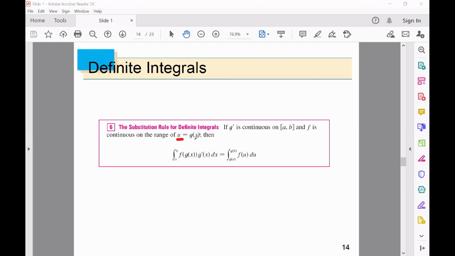When we choose u equals g of x, this integral from a to b of f of g of x times g prime of x is equal to the same thing written in terms of f, but be careful with the bounds: the limits also change. Instead of a and b it becomes g of a and g of b.